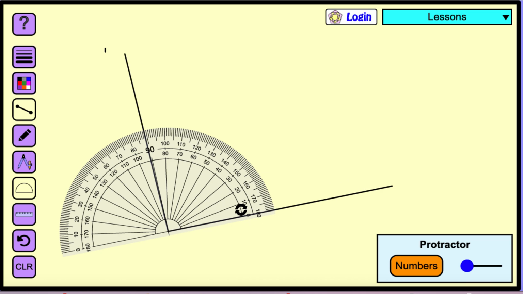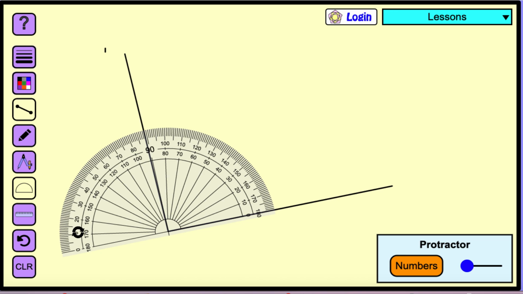If the ray is here, it's going to be 10 degrees, and so on and so on. So it keeps going from 0 to 10, 20, 30, 40, 50, 60, 70, 80, 90, and one more, 91. So this angle is 91 degrees. It's not 89 degrees, okay? So keep that in mind.